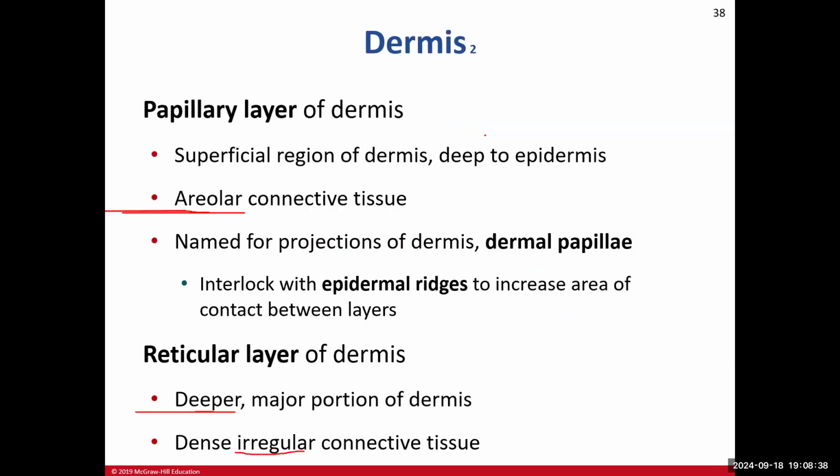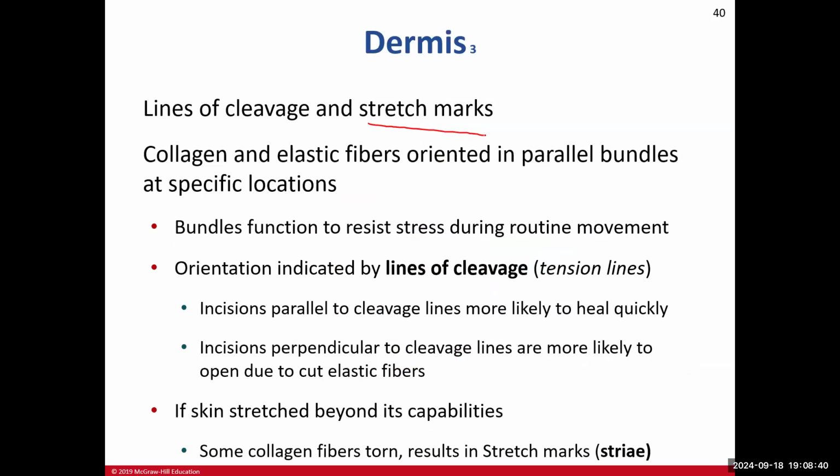So you'll have these bundles of collagen fibers and elastic fibers that are going to have a certain orientation. Some will go horizontal, some will go vertical, then some will go at odd angles or oblique angles. And what these fibers are showing us, they're going to create what we call the lines of cleavage.